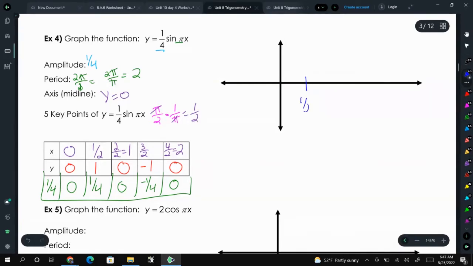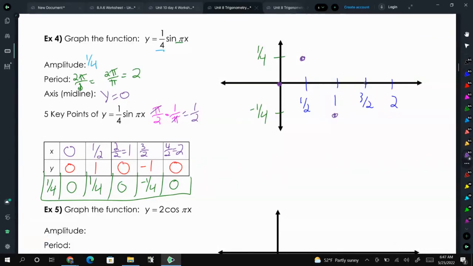So 1/2, 1, 3 halves, 2, and then 1/4, -1/4. So then our curve goes like this.